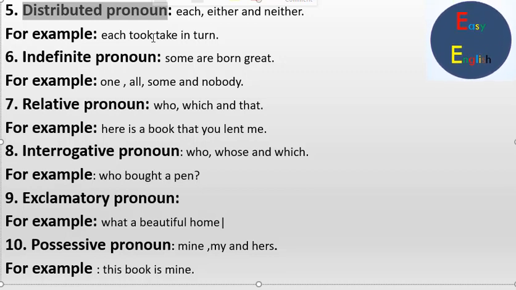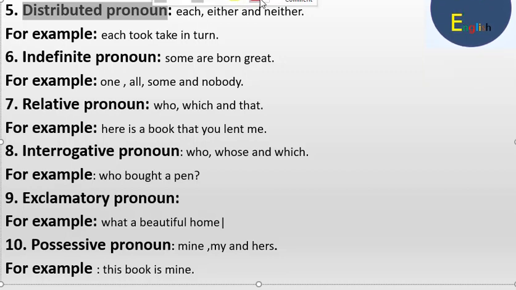For example, one by one, separated rather than collective. This is the basic definition of distributive pronoun. For example, each, either, neither are also types and examples of distributive pronoun.